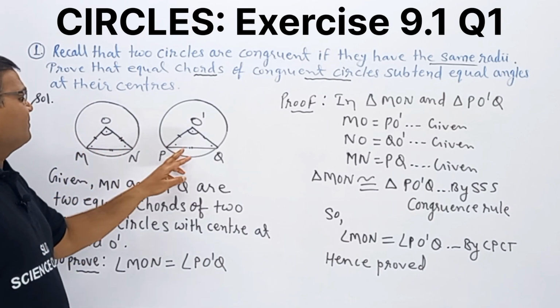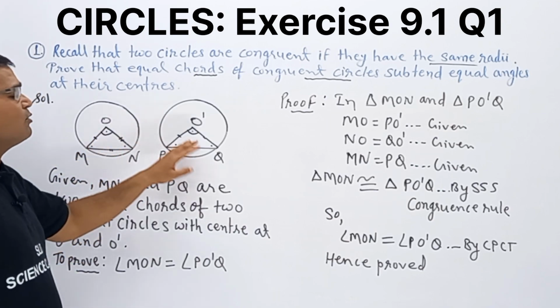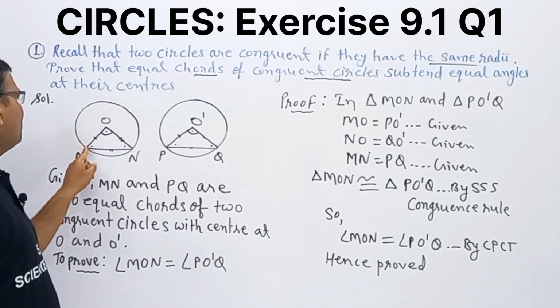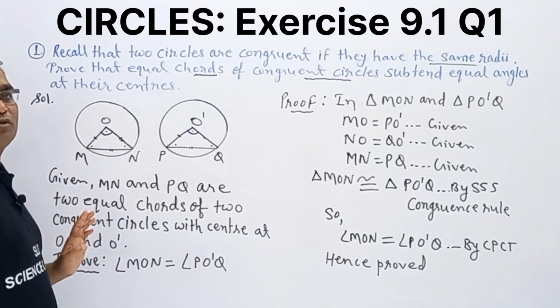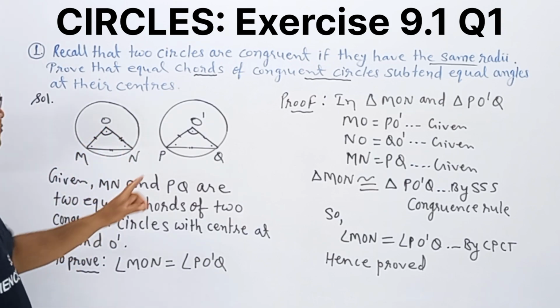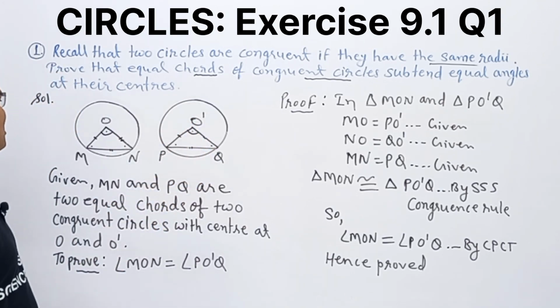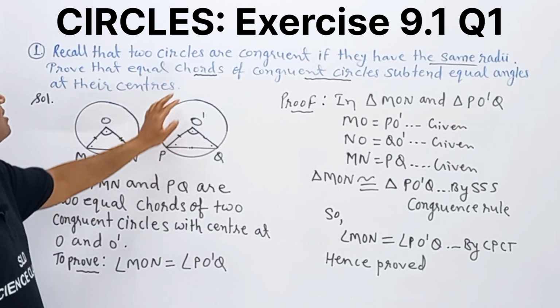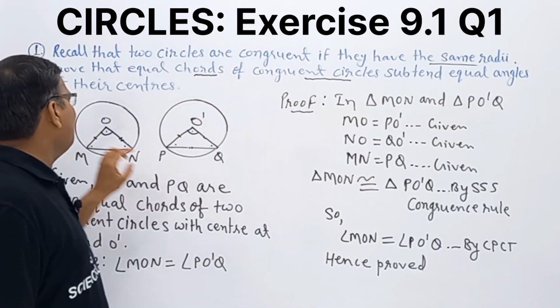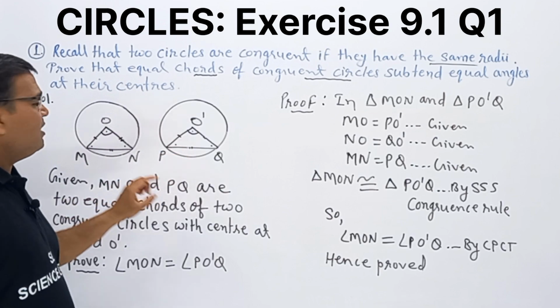From the center to the circumference points are radii, and since the circles are congruent, the radii are equal.